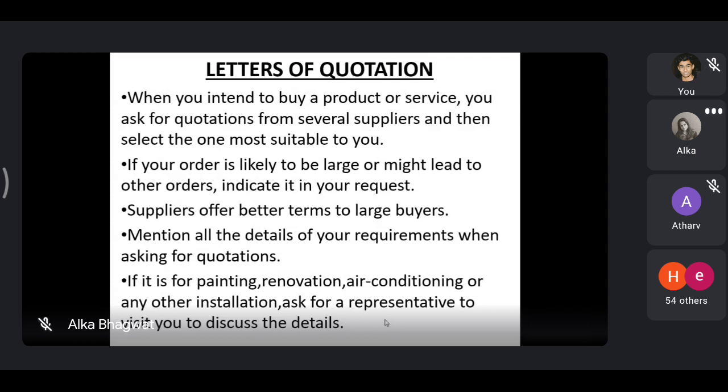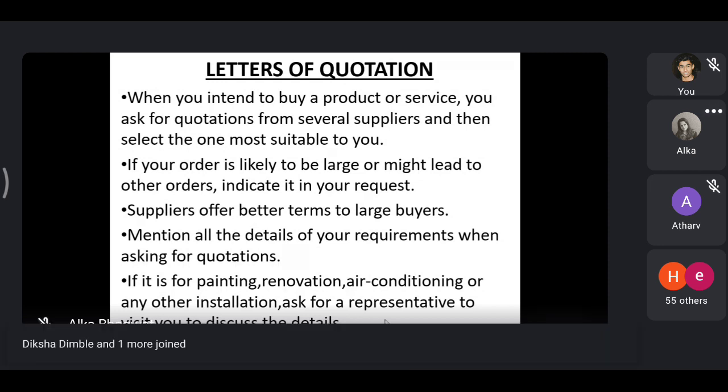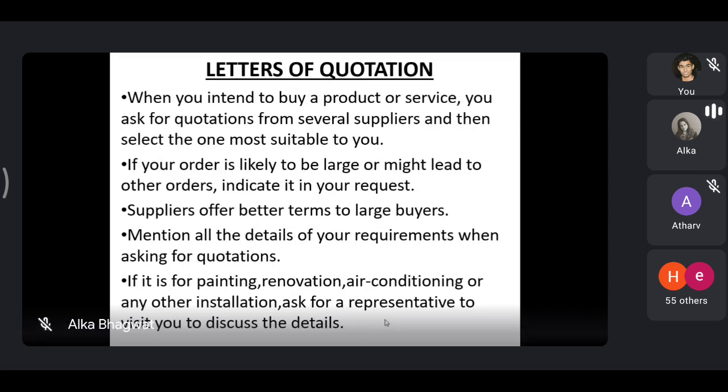If you are going to start a restaurant, I'm sorry, a hotel, a five-star hotel, don't we need quotations from different companies? For example, in the F&B department, I want to order cutlery. Everybody understands the word cutlery? Yes, ma'am.